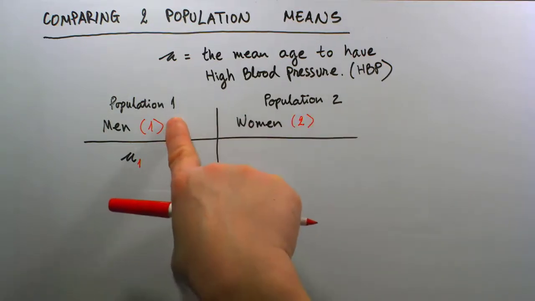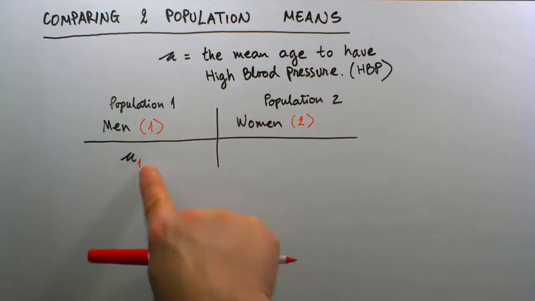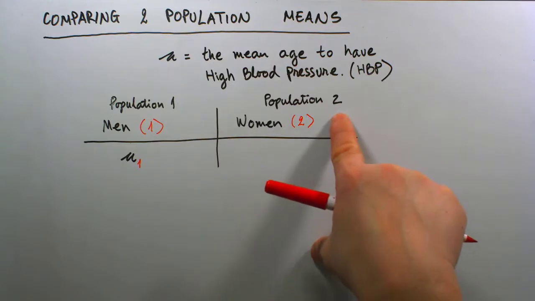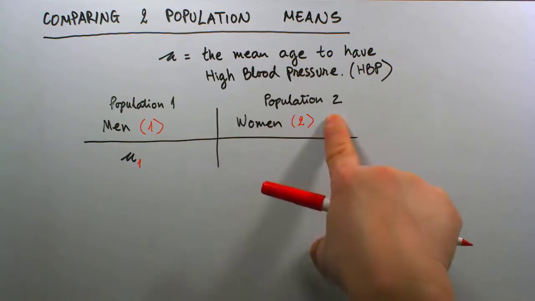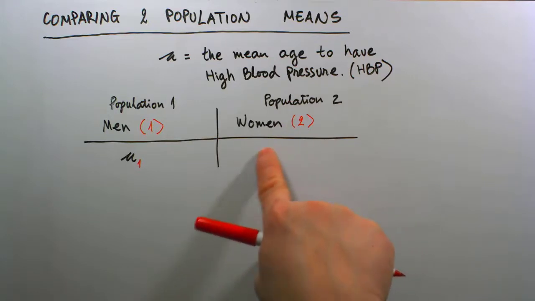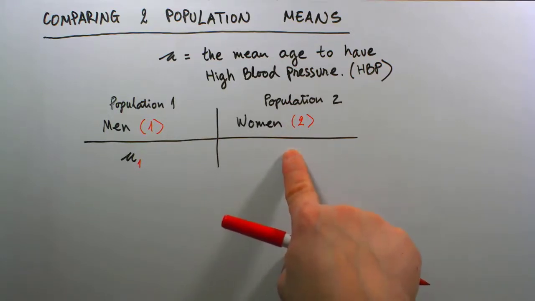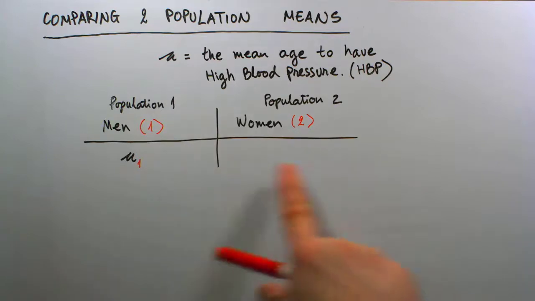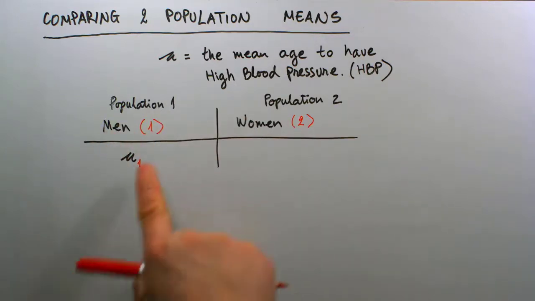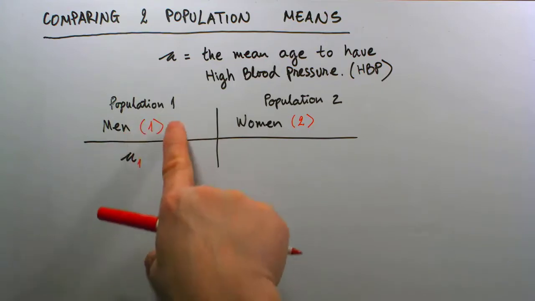So if this had been label 2, then mu here has to be mu 2. If this had been population 1 with label 1, then the mu there, once we're isolating that population, we have to call it mu 1. But in this particular convention, I call my man population population 1.